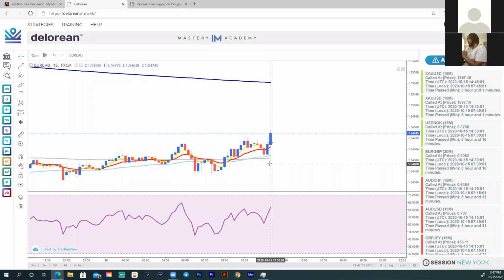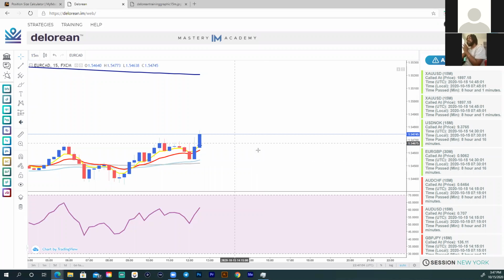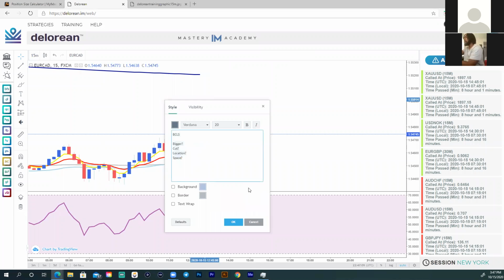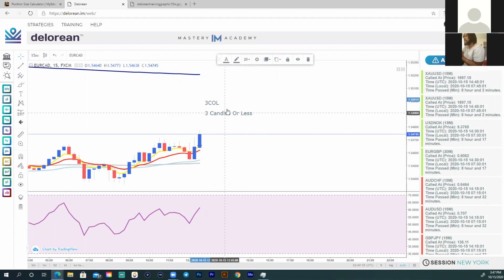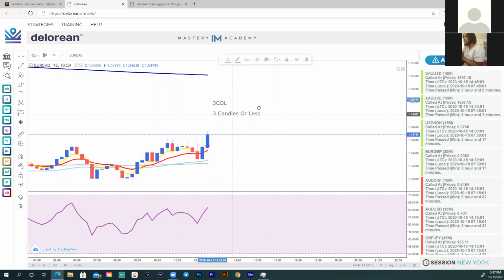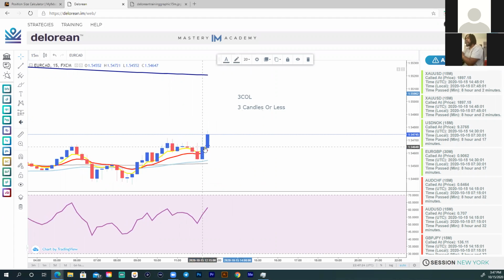Bet. All right. The next rule I want to tell y'all about is this rule right here: 3COL. This is 3 candles or less. All right, what does this mean? This means that where you enter this trade, 3 candles after Delorean is called out, you should be in profit.